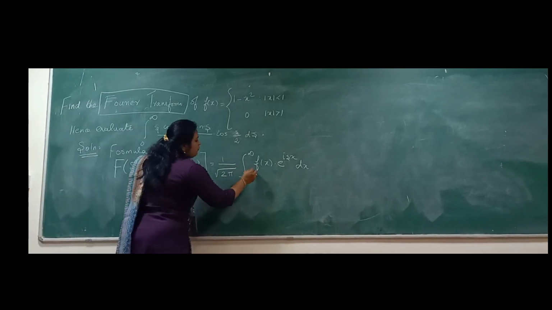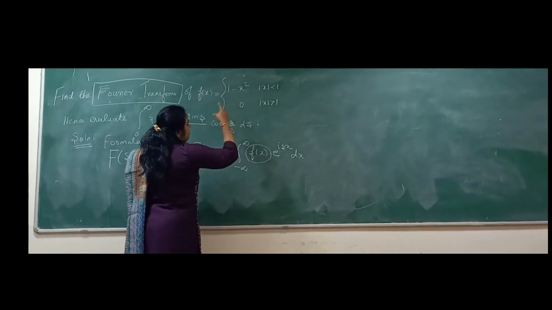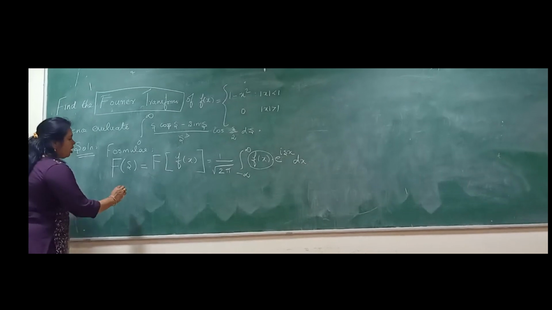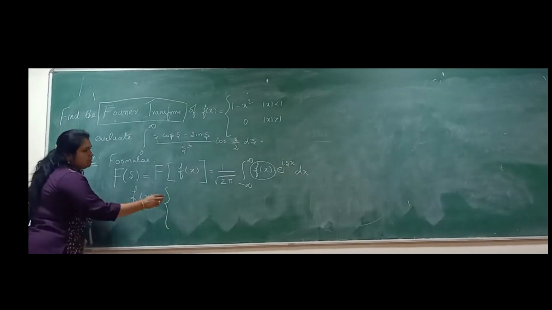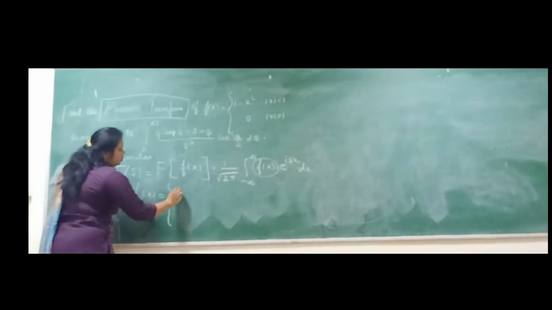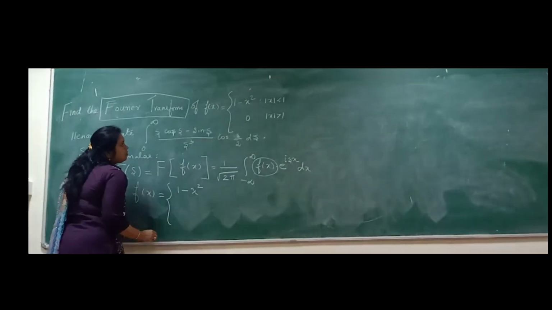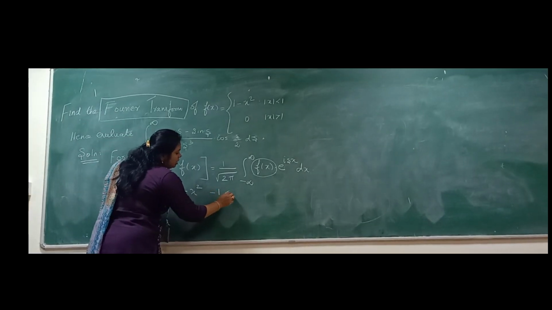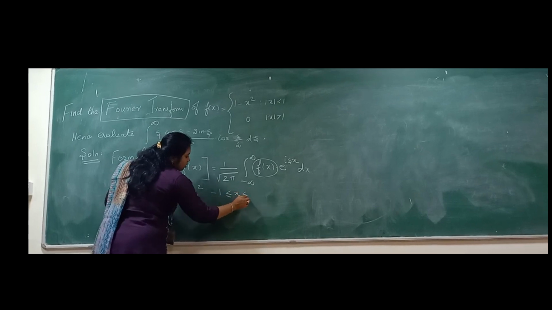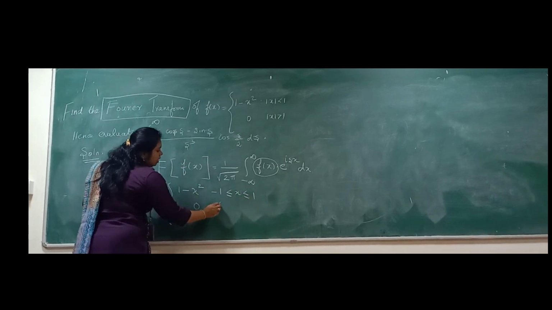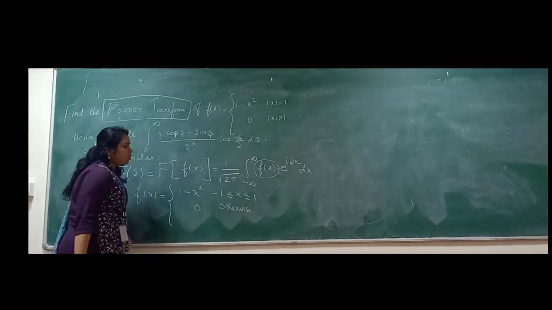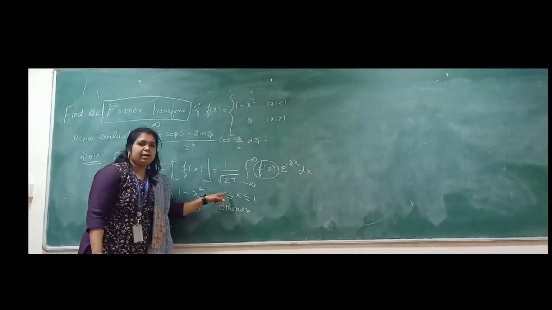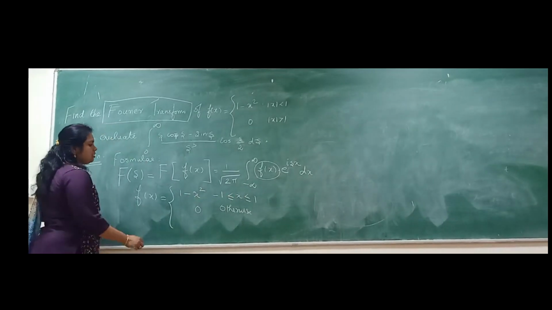The function f of x is given in the problem. How can you rewrite the given problem according to the integration? It is 1 minus x square for minus 1 less than or equal to x less than or equal to 1, and 0 otherwise. Don't worry about the inequality, it is a continuous case.